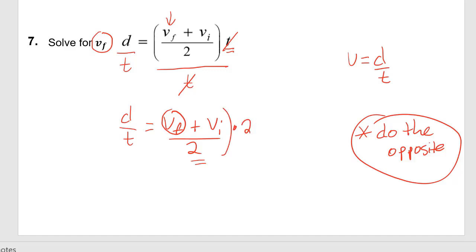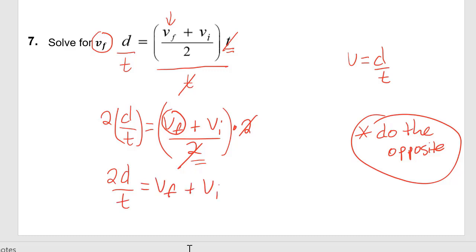We can put brackets around this. On the right side the 2's cancel, and we have 2d over t equals VF plus VI. Then we want VF by itself, so we take away VI on both sides. VI is gone on this side, and we have VF by itself. VF equals 2d over t minus VI.